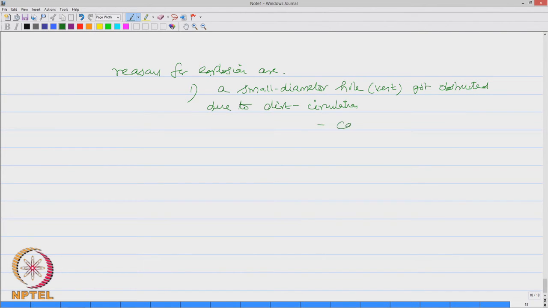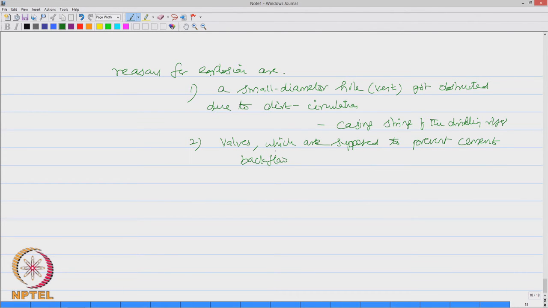This happened in the casing string of the drilling riser. The second diagnosis was reported to be the valves which are supposed to prevent cement backflow did not close on demand.